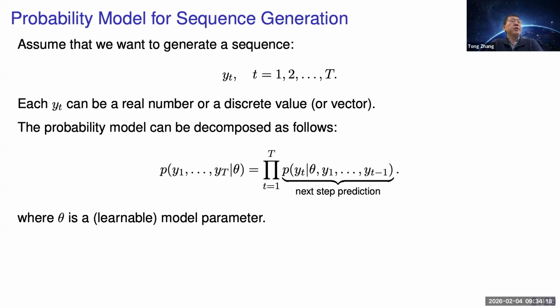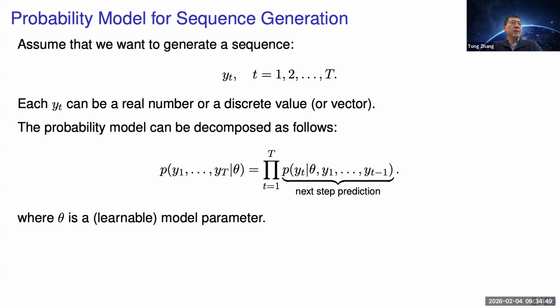If I have a model, right, where the model parameter is theta, I want to generate, using this particular model in abstract terms, this sequence. Then what do we do? We probably all know now, even if you haven't learned probability, because when you work with LLMs, you know that these generate one symbol at a time.